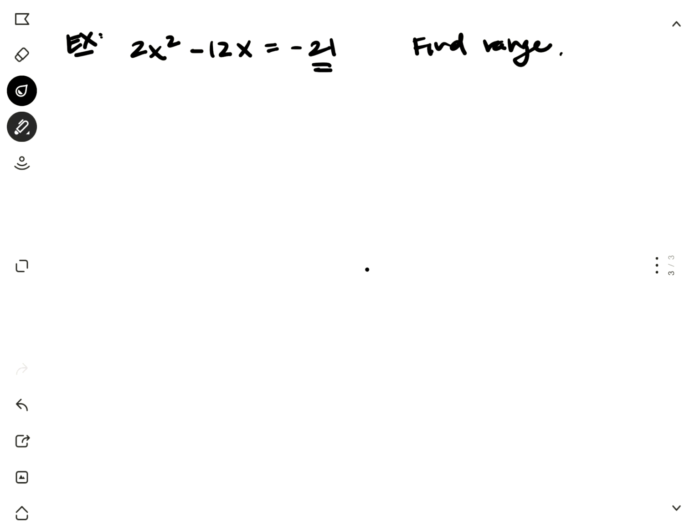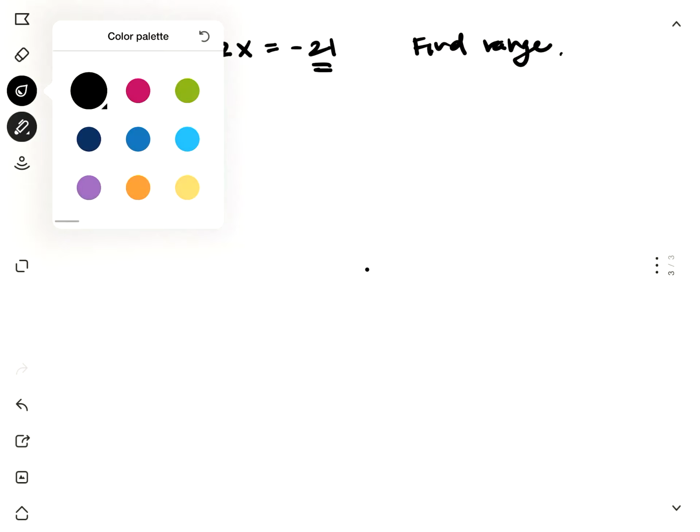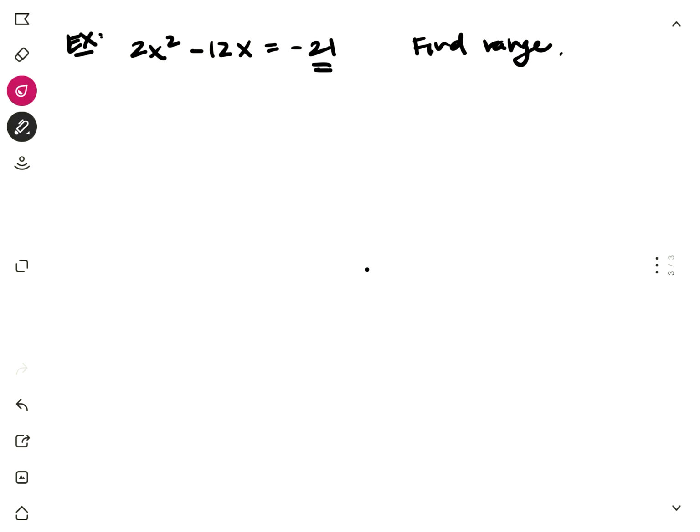All right, so when we have this, if it's not y equals, what we want this to look like is for it to equal 0. So the first thing we need to do here before we clean this up, we're going to add 21 to both sides. And now that we do that, we have it equal to 0.